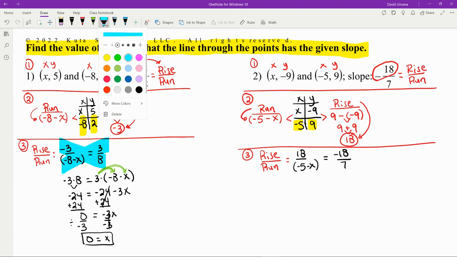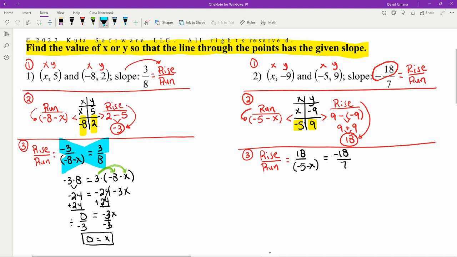With that being said, I now highlight and I cross multiply. So what does that mean? That means I'm going to end up with 18 times 7 is equal to negative 18 times parentheses negative 5 minus x.